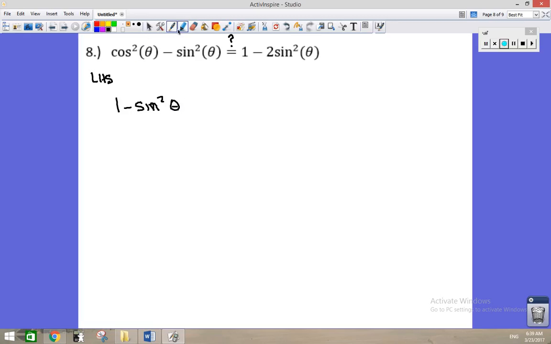And so that is the same as this. Well, then you're pretty much done, because now you subtract another sine squared of theta. And these two terms are like terms, so you write it as 1 minus 2 sine squared theta.